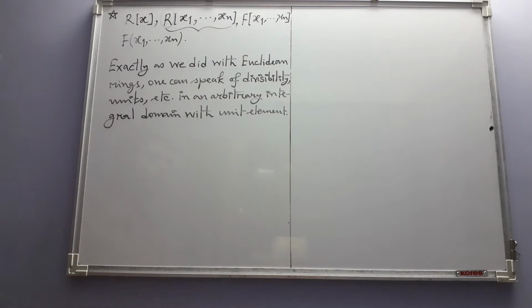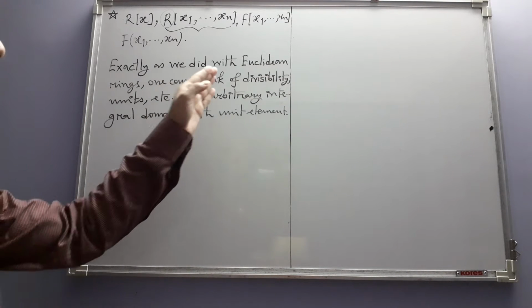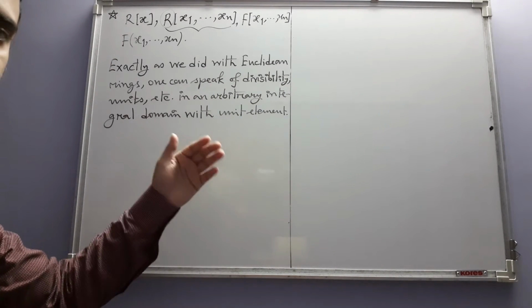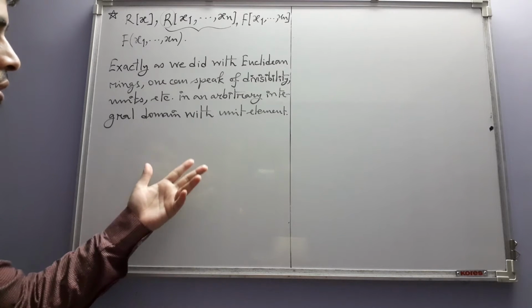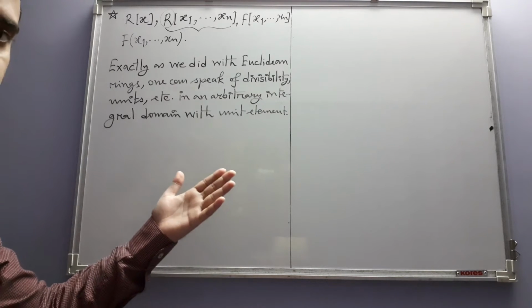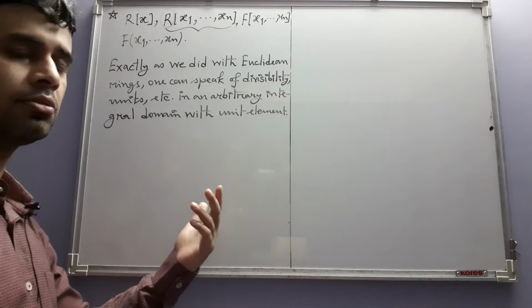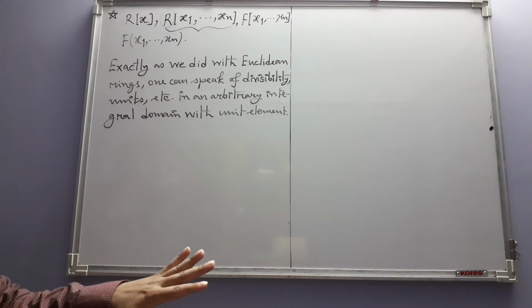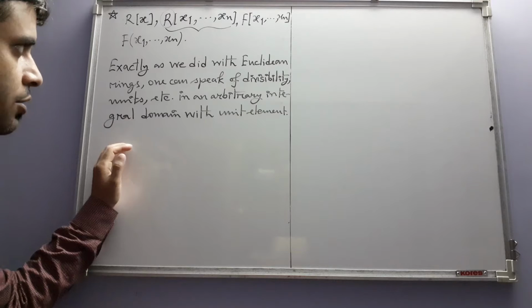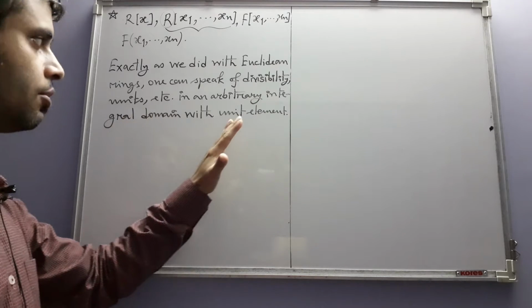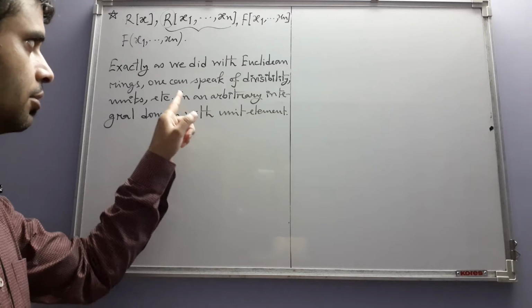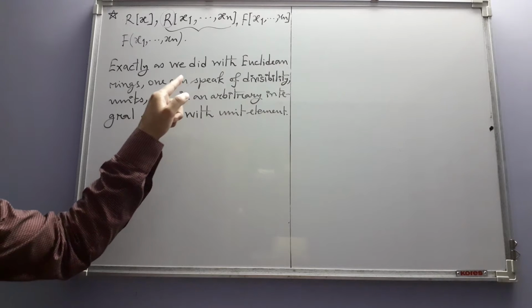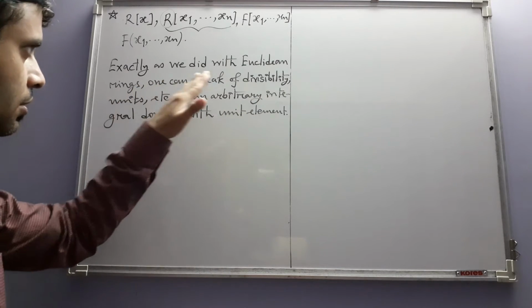So in the section where we developed the theory of Euclidean rings, there we saw that by definition a Euclidean ring is an integral domain. And then in the course of developing the theory, we also saw that every Euclidean ring has a unit element. So instead of considering Euclidean rings, we can much more generally consider integral domains with unit element. And you also recall that we defined these concepts of divisibility, units, primes, etc. in a Euclidean ring.